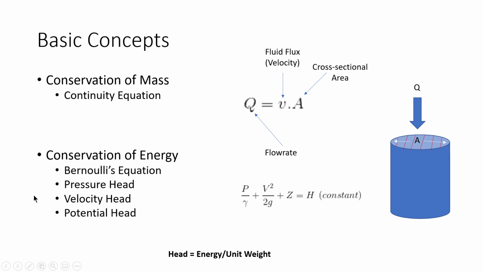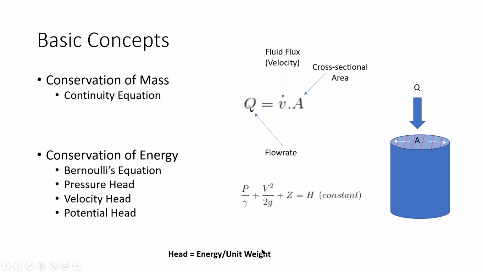or perpendicular to the direction of flow. The conservation of energy is stated using Bernoulli's equation, which says that the total energy contained in a fluid at any given point in a pipe is the pressure head, P over gamma, plus the velocity head, V squared over 2g, plus the potential head, Z. These correspond to the pressure energy, the kinetic energy, and the potential energy.